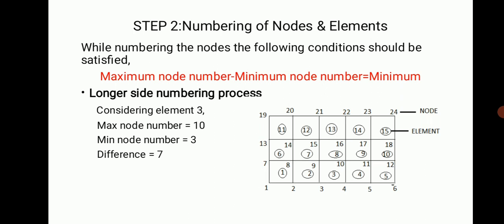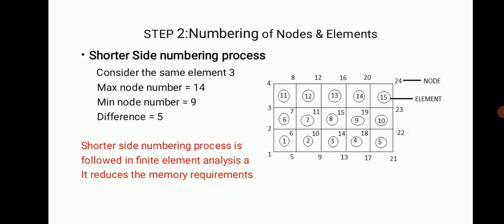The figure you are seeing in this slide is the example for longer side numbering process. So we are considering the element 3. When considering the element 3, the maximum node number is 10 and the minimum node number is 3. So the difference is equal to 7. So the next is shorter side numbering process.